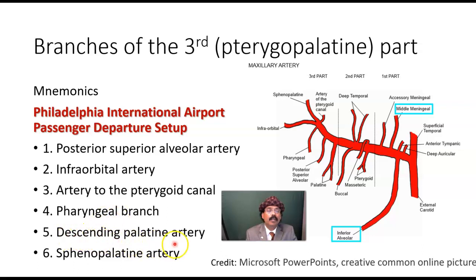Then the descending palatine artery, which divides into two: the lesser palatine artery, which supplies the soft palate, and the greater palatine artery, which supplies the hard palate. Then the sphenopalatine artery, which goes to the nasal cavity and is in relation to the pterygopalatine ganglion.